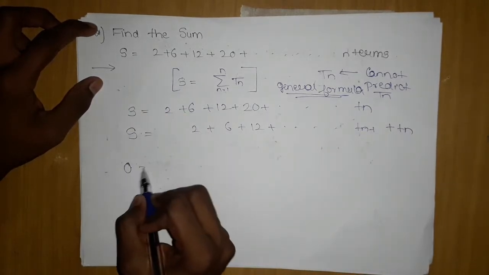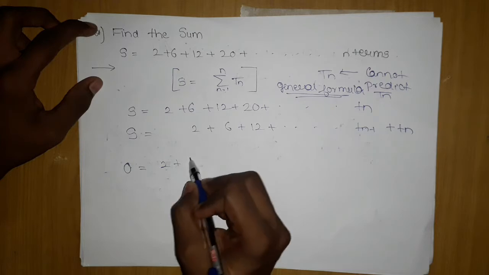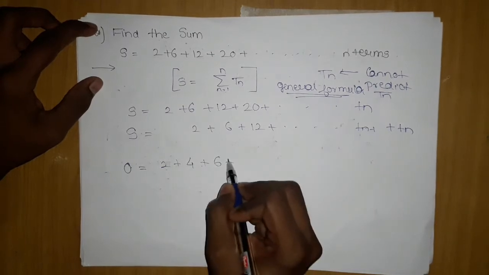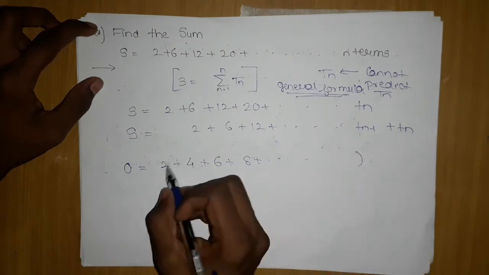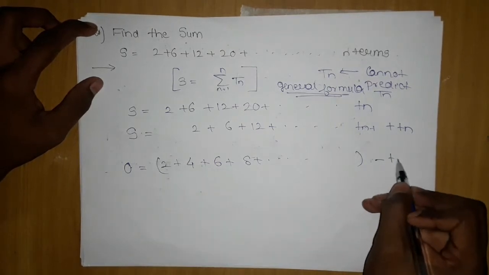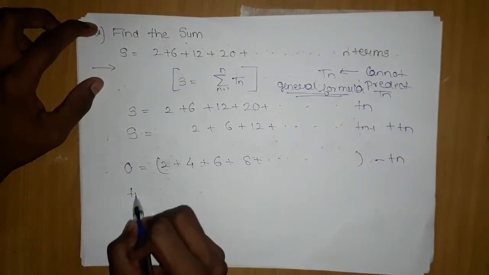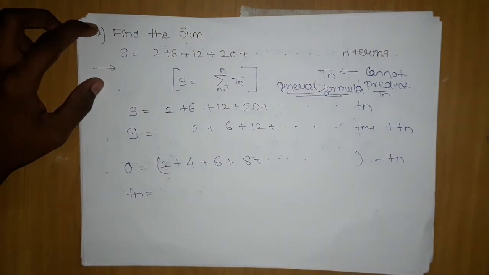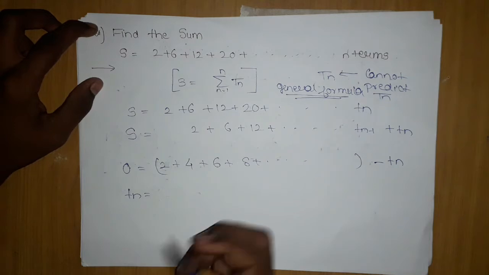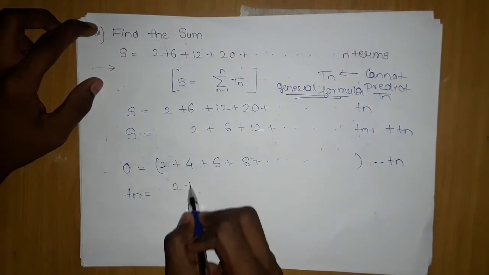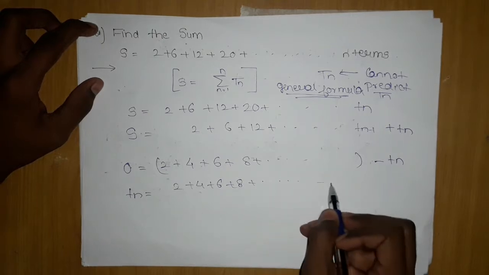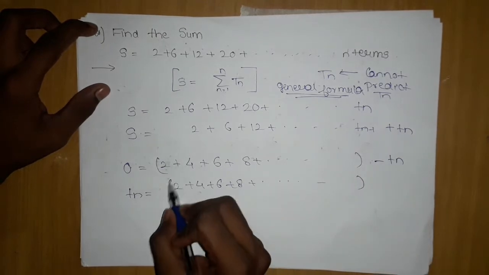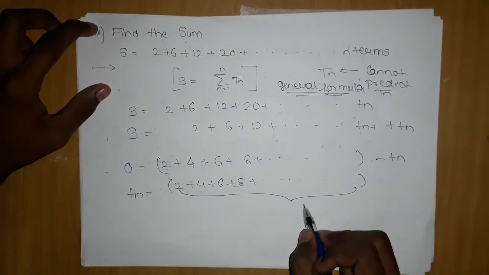You will get 0, then 2, 4, 6, 8 and so on, and then minus Tn. Now move the Tn here. You must have understood what we are trying to do: we are trying to get the Tn. Now we have 2 plus 4 plus 6 plus 8 and so on.